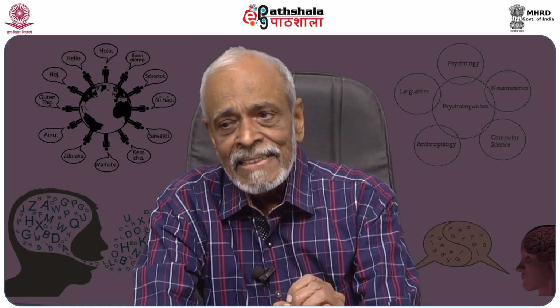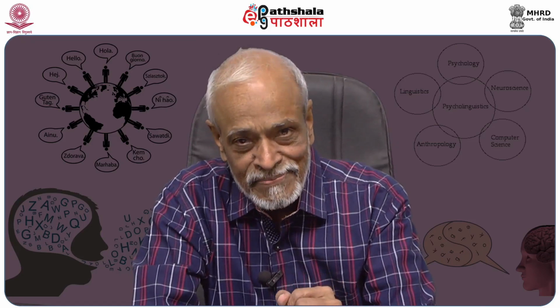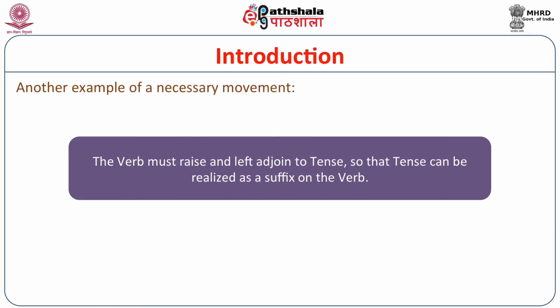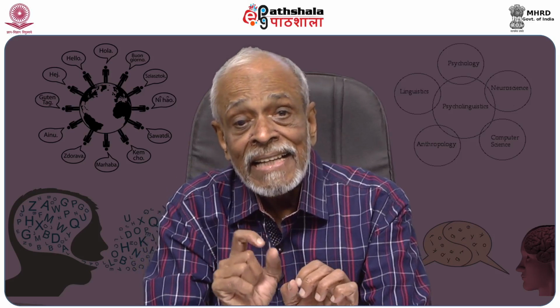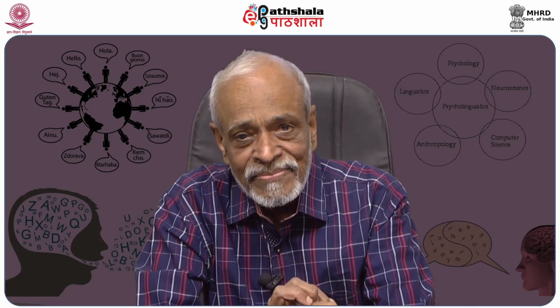Let us take another example of a necessary movement. As you know, the verb must raise and adjoin to tense, because in most of the world's languages, including Indian languages, English, European languages, tense appears as a suffix of the verb, and therefore the verb must go and left adjoin to tense, so that tense shows up on the right hand side of the verb as a suffix.